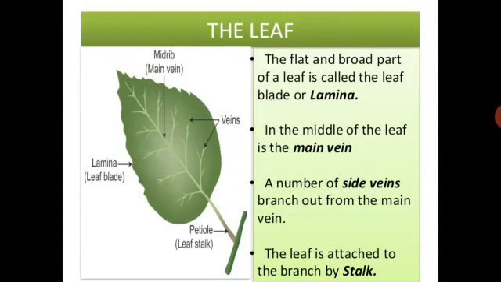In the middle of the leaf, the main vein is present, and a number of side veins branch out from that main vein. The leaf is attached to the branch, and that attachment is called a stalk. This is the structure of a leaf.